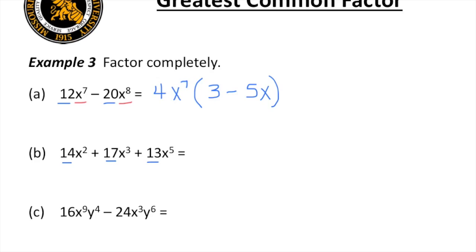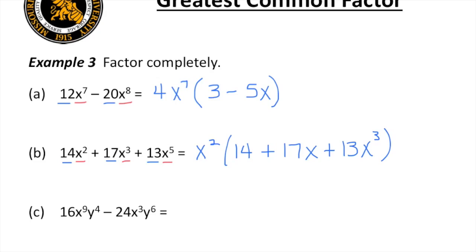So moving then to our variable factors, we see that the greatest factor involving x is x squared. So our greatest common factor in this example is simply x squared. And dividing each term by x squared leaves us with 14 plus 17x plus 13x cubed.